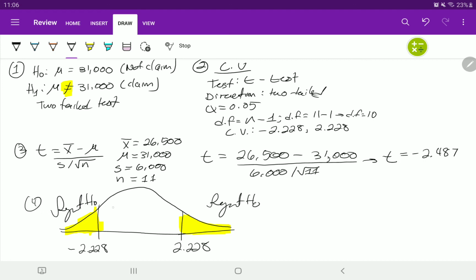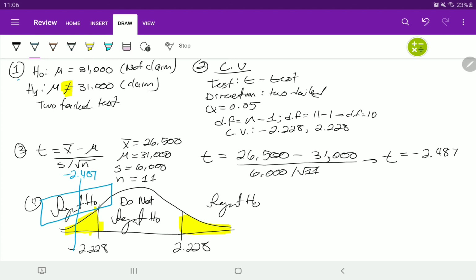If it falls in the non-highlighted area, which is the non-critical region, we do not reject the null. Our test statistic is negative 2.487. That will fall on the left side, and it will also fall within the critical region. Because it falls within the critical region, we will reject the null hypothesis. That is the answer to number 4 if we're doing the Connect Math version.